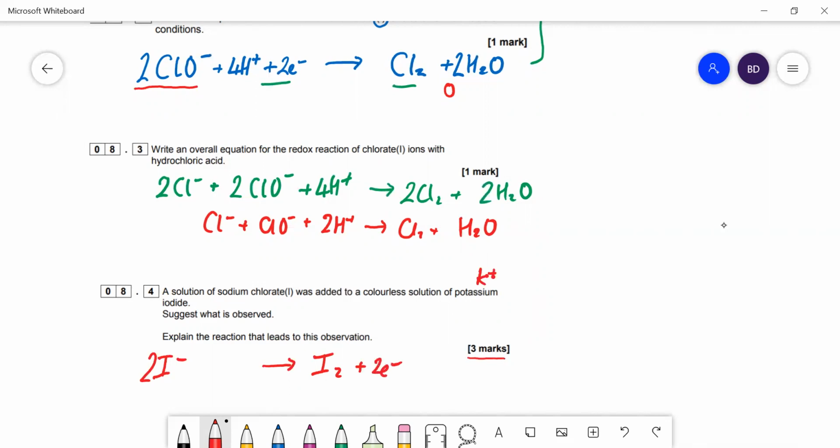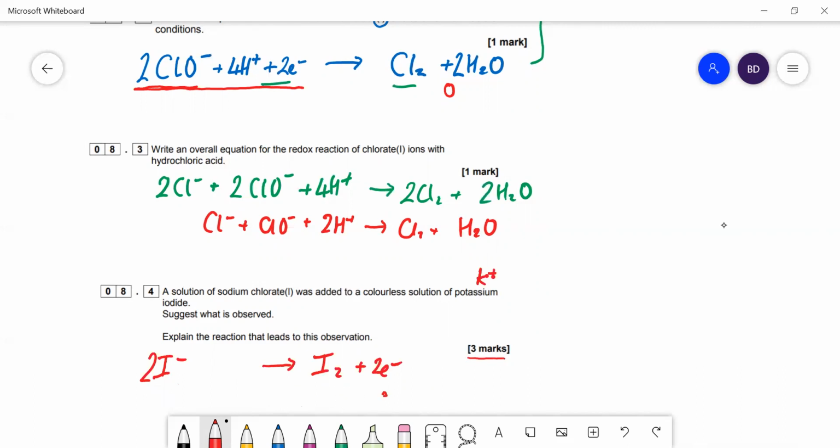Now, the reason why I think it's unfair is because it doesn't say that the chlorate ions are acidified. And if you look here, for chlorate ions, you would need some H plus in order to react to oxidize the iodide. So ClO minus plus 2H plus, let's double that. Use that half equation we've got up there. 4H plus and 2e minus is going to go to, sorry, that's the wrong half equation we've got.